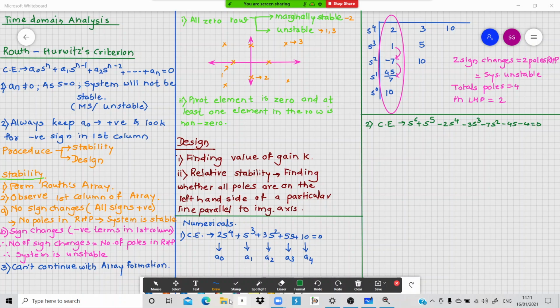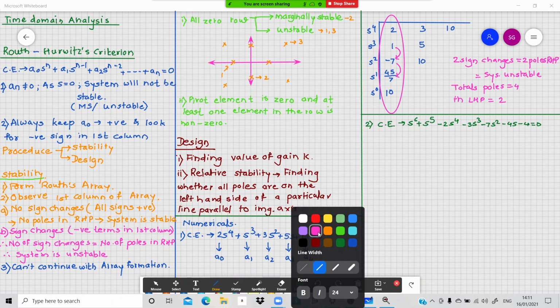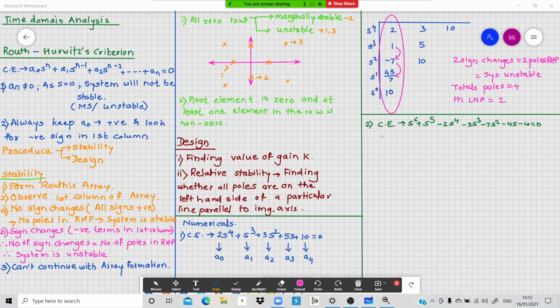So this is the characteristic equation. So let me draw the array. So s raised to 6, 5, 4, 3, 2, 1 and 0.